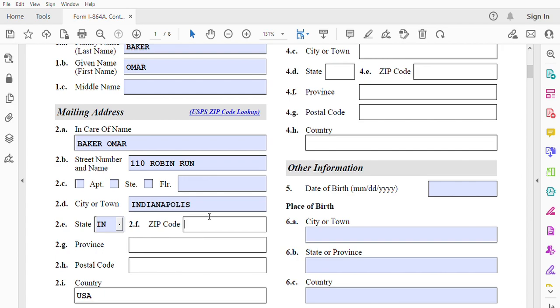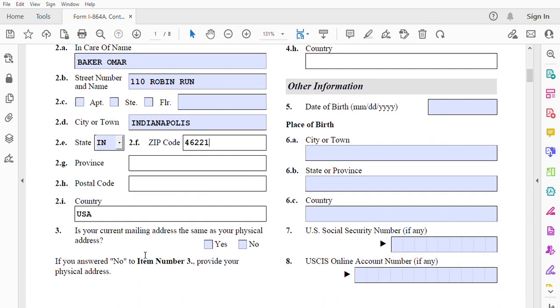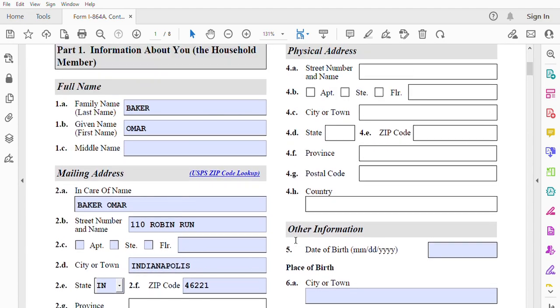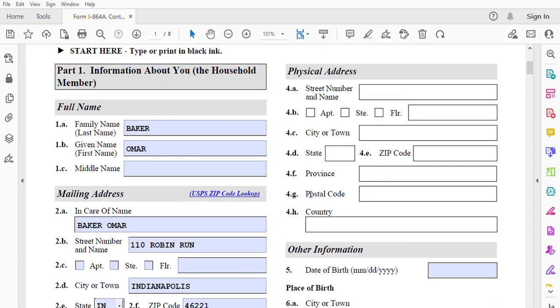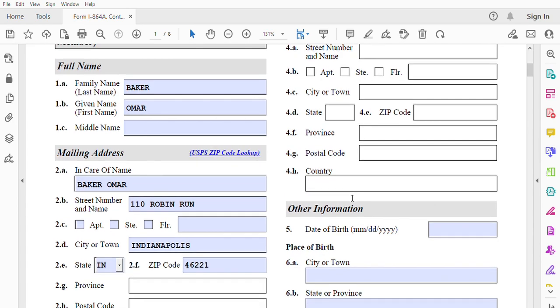And the zip code is 46221. The country is United States. The third one is your current mailing address is the same as your physical address. In my case is yes. If you do that, you don't have to add anything for a physical address. So we're gonna go to other information.